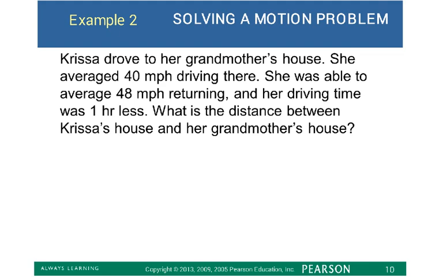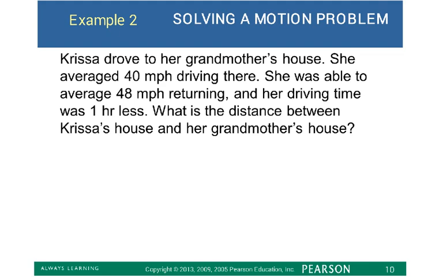Here's our example about motion problems. So let's read. Carissa drove to her grandmother's house. She averaged 40 miles per hour driving there. She was able to average 48 miles per hour returning, and her drive time was 1 hour less. What is the distance between Carissa's house and her grandmother's house?